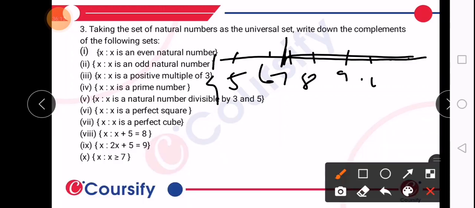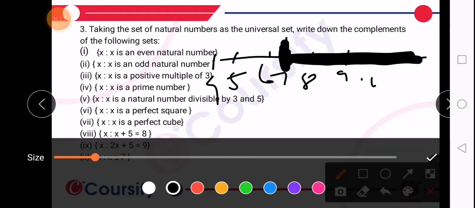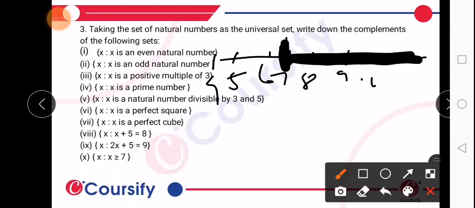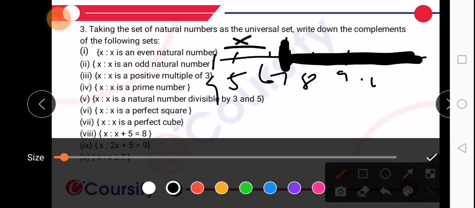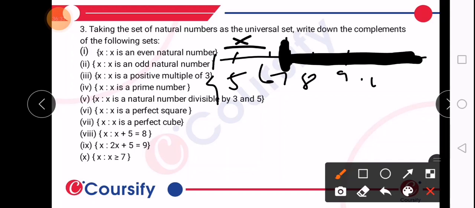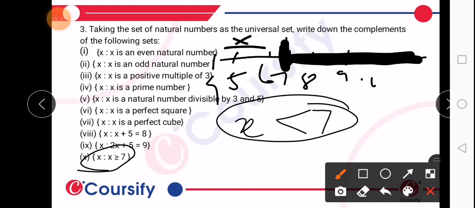It can take any value from here till here, but it cannot take any value from this side. Thus we can say that the complement of such a set would be any value that is less than 7.